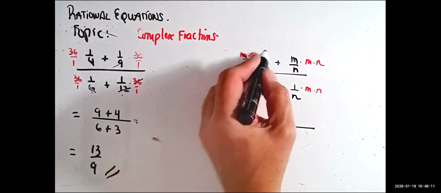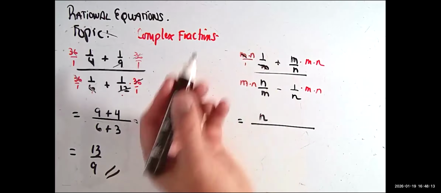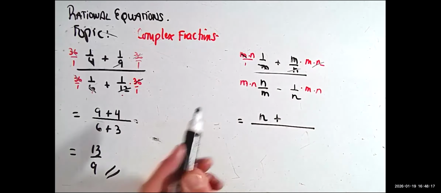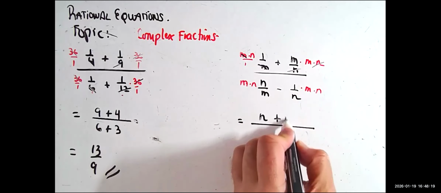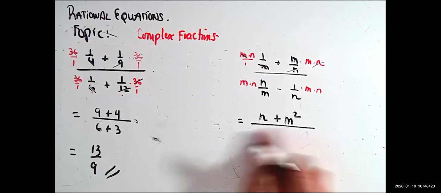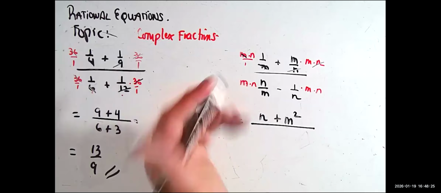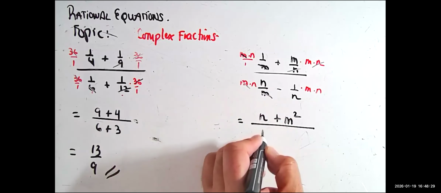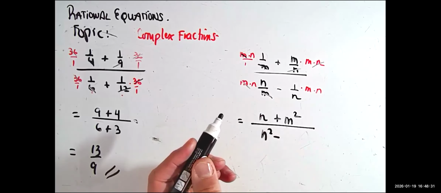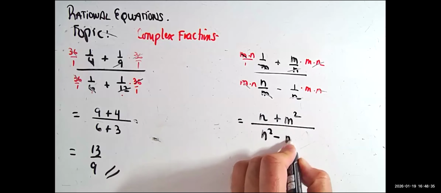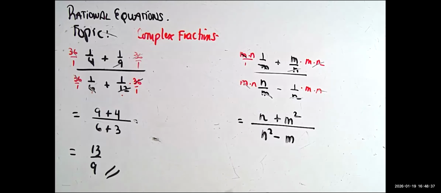M over m is 1, so we have n times 1 is n, plus n over n, bye-bye, so we have n times m, m squared. Okay, no more fractions in the numerator. In the denominator, n over n, bye-bye, so n times n will be n squared, minus n over n, bye-bye, so it will be m. Notice I cannot simplify anything, so we are done.